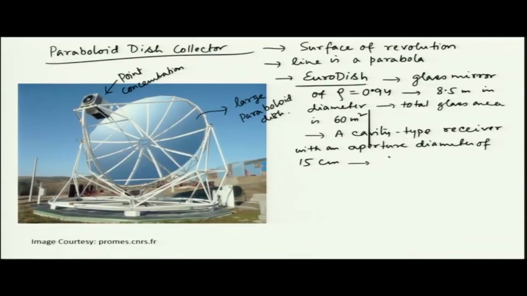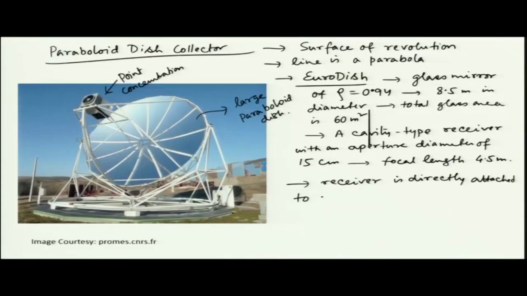Here the focal length is 4.5 meter. Now, in this receiver, no fluid is flowing to take the heat away. The receiver is directly attached to the cylinder of a Stirling engine.